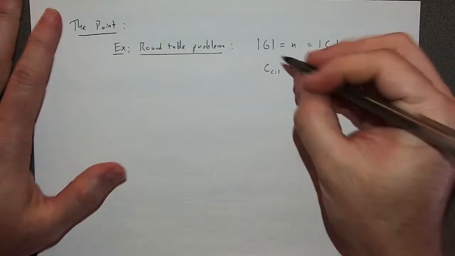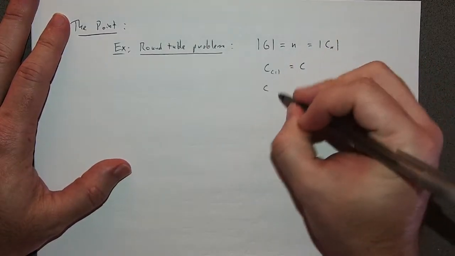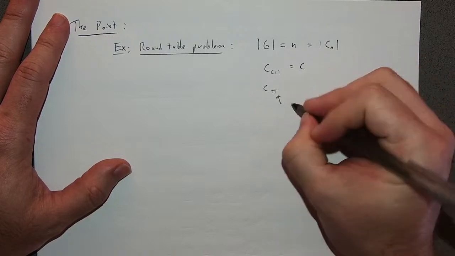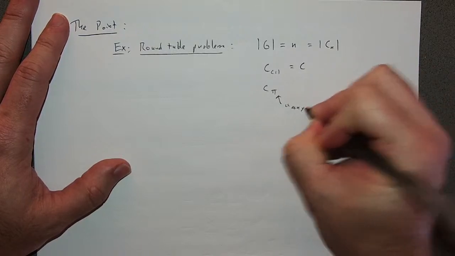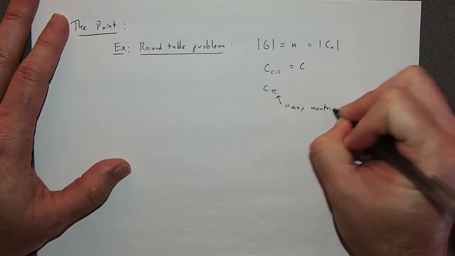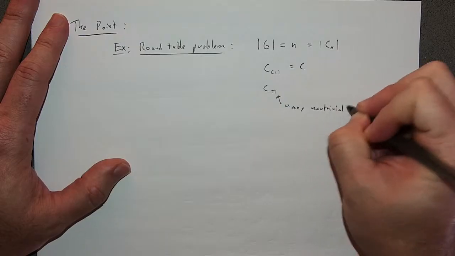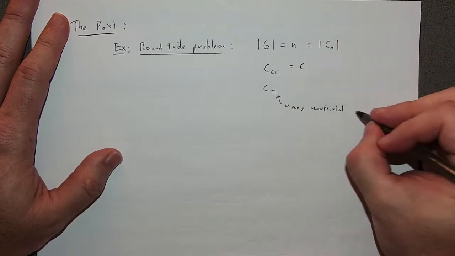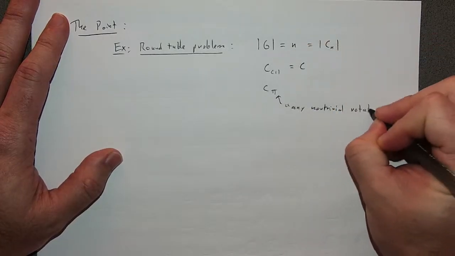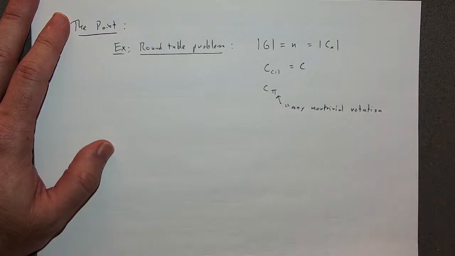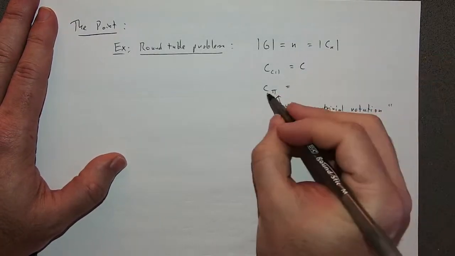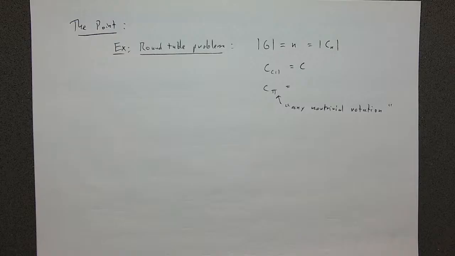The invariant set of a pi where this pi is any non-trivial permutation, that is a rotation in this case. When we say non-trivial, we mean anything that's not the 0-degree rotation.